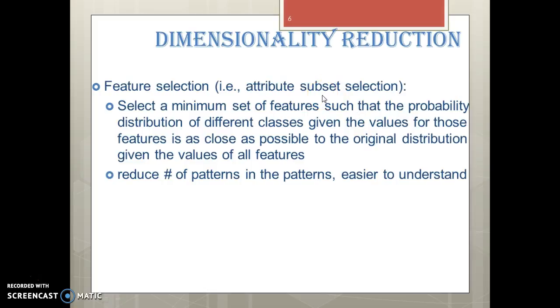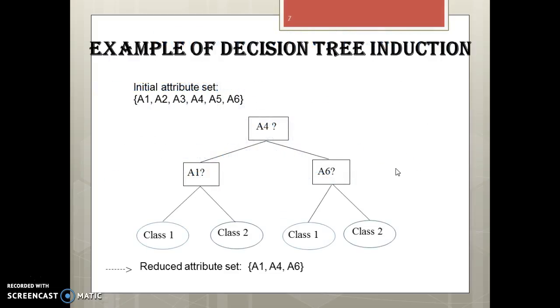Instead of going into numerous attributes and generating patterns out of them, we go into the minimum attributes and generate the pattern. It is going to produce the same result as the previous one. That is, reducing the number of attributes in the patterns makes it easier to understand too. Take an example in decision tree induction.